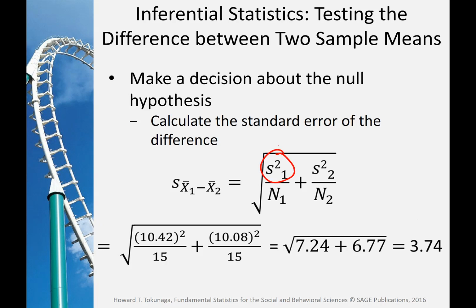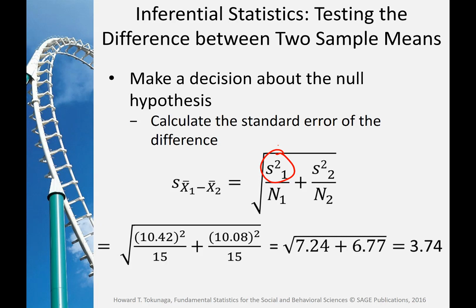So for example, this top part here, S1 squared. All we're doing is taking the standard deviation of group 1 and turning it back into a variance by squaring it. Divided by N1, which is the number of observations in group 1, which is 15.